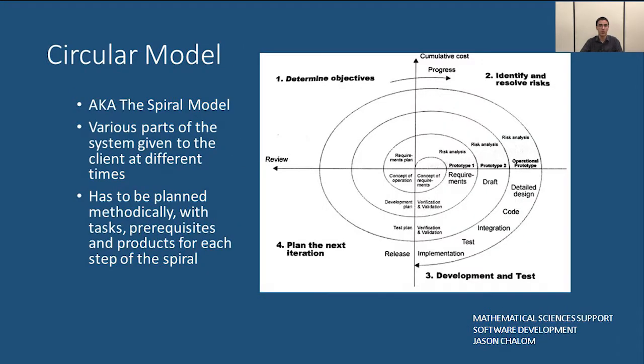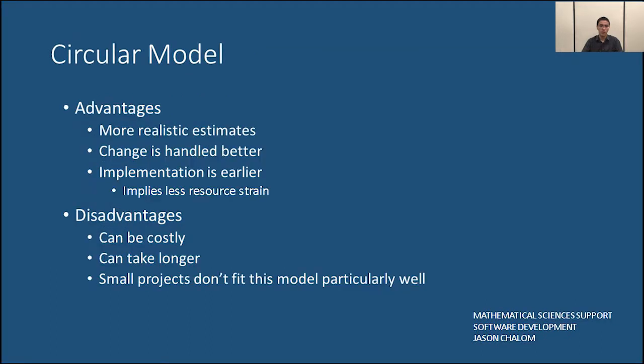The spiral model tries to address client involvement. Here, various parts of the system are developed within their own subphases, which can be delivered to the client. The problem is it has to be planned very methodically, and estimation of software has to be done precisely. There will be more realistic estimates as you're planning at a more granular level.